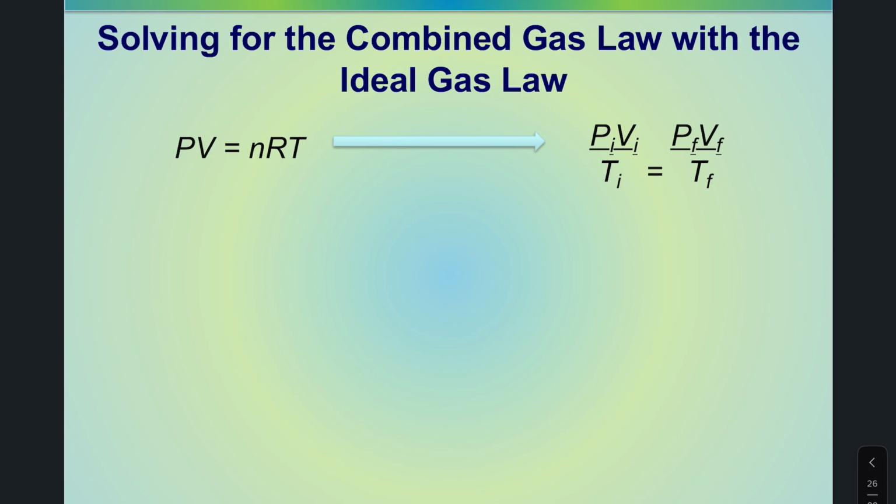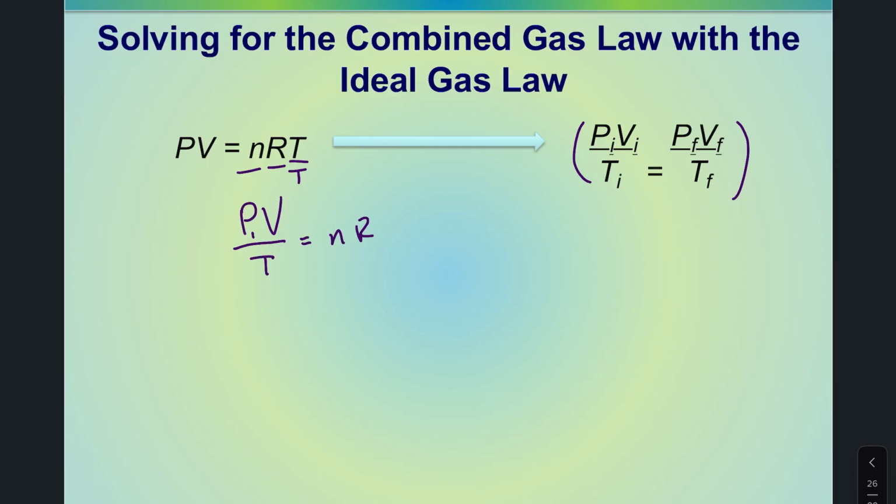Okay, so I'm going to speed run this, but basically we have PV equals nRT. In the final equation, N and R are the only ones that don't show up, so that's what's going to be on the other side of the equation. PV, we're going to divide by T, so PV over T equals NR.